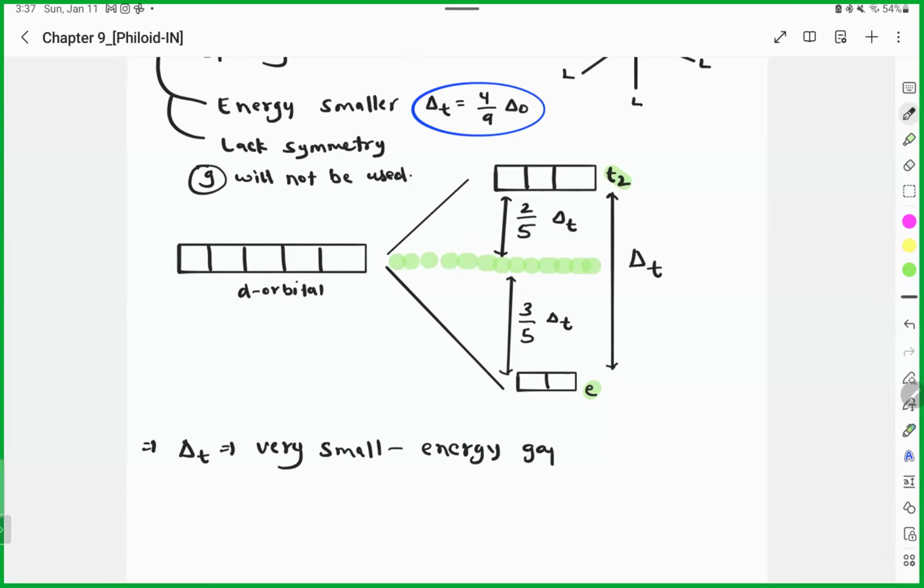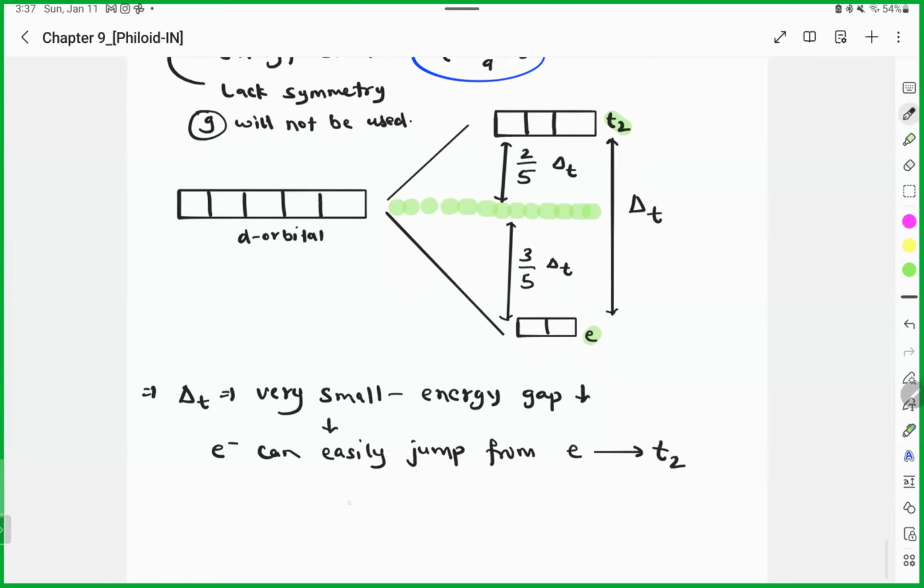If the energy gap is less, an electron can easily jump from e to t2. And if it can easily jump from e to t2, then you will see low spin is very rare. It will be mostly high spin.